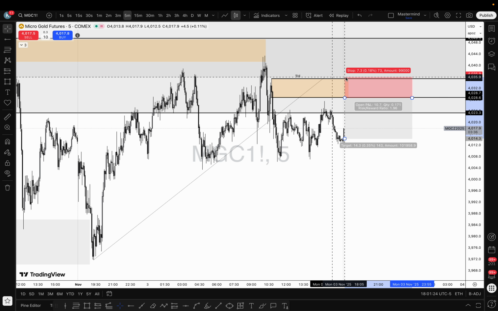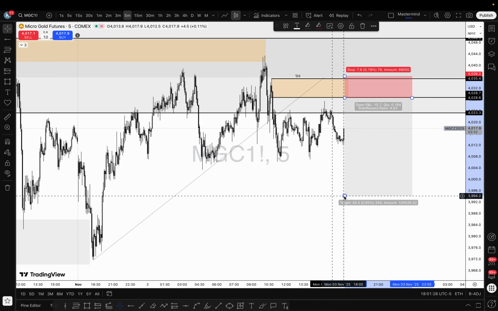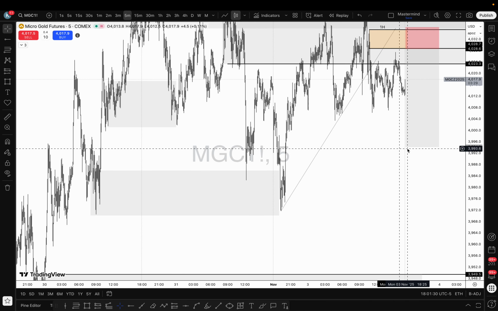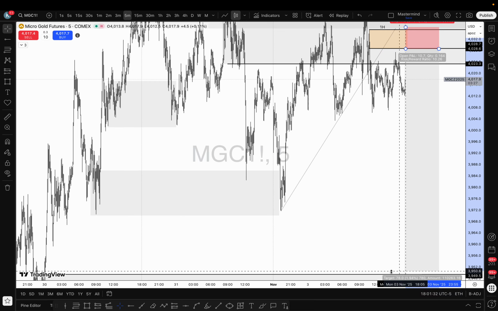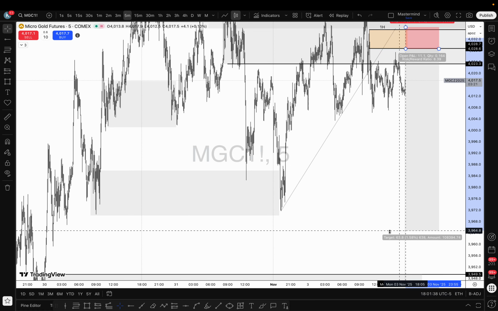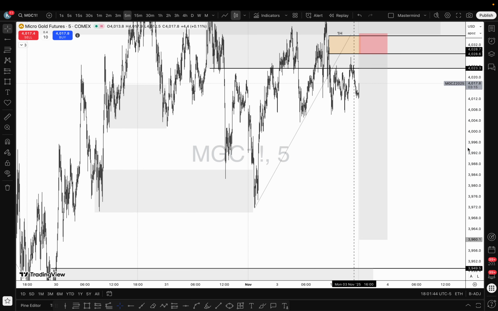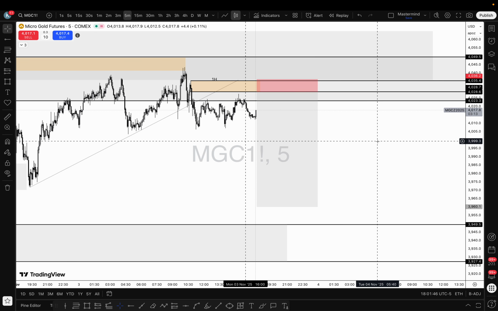So we'll put our entry at the zone and set our target. Where will we set our target? We could set our target at the next 1 hour zone, but we'll set our target at 9R. If anything changes on the way down, we could consider, but we'll set our target at 9R.